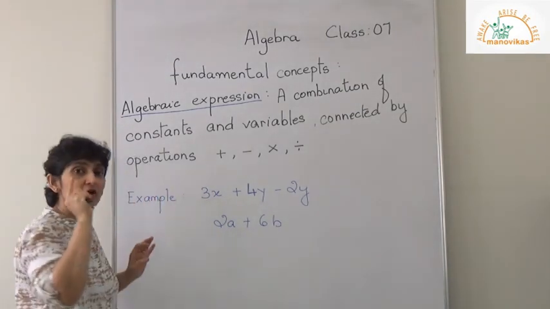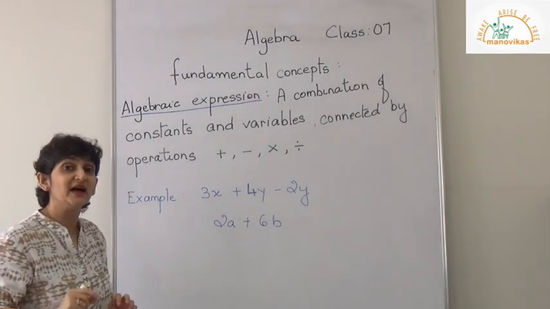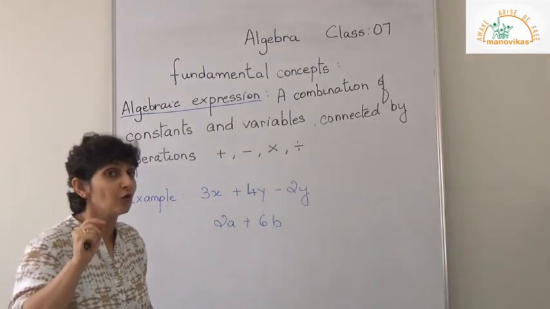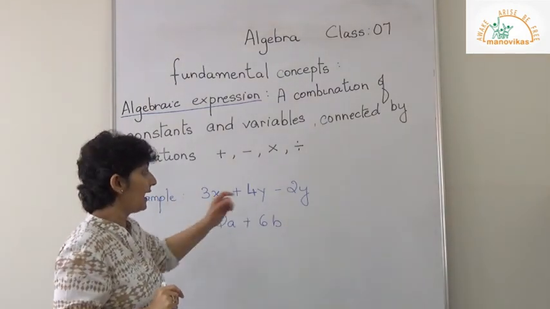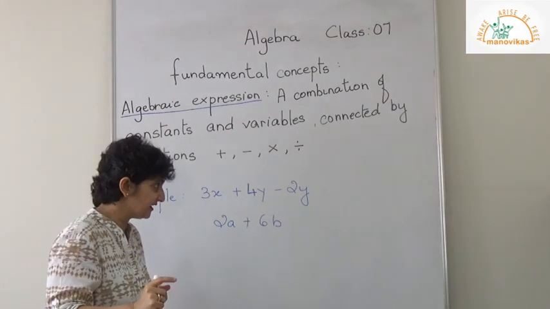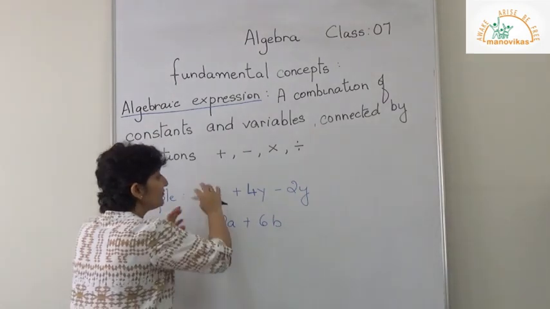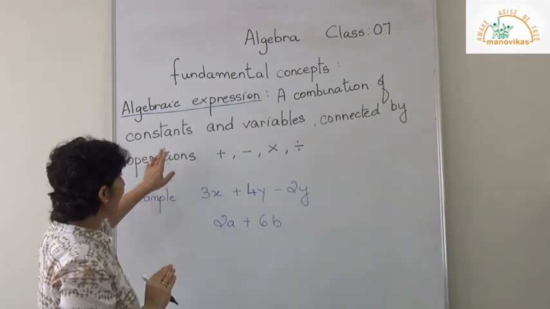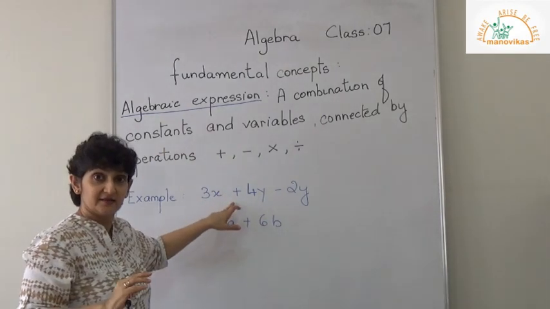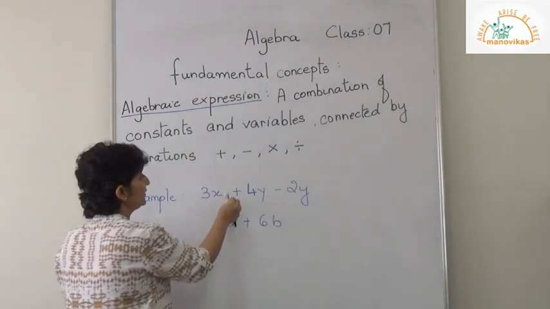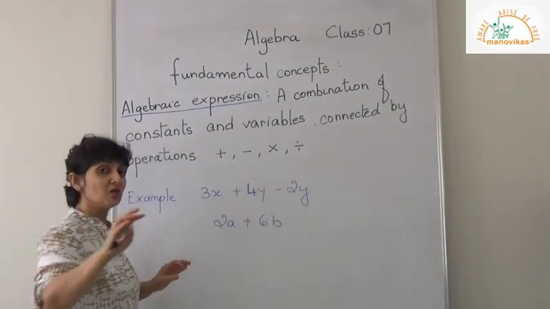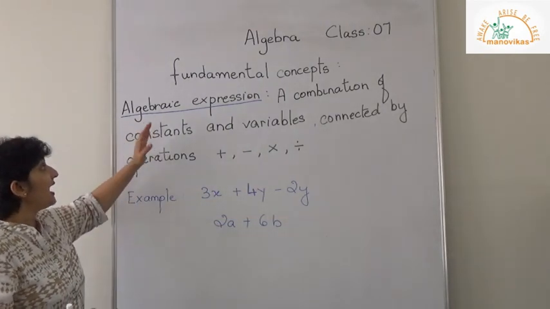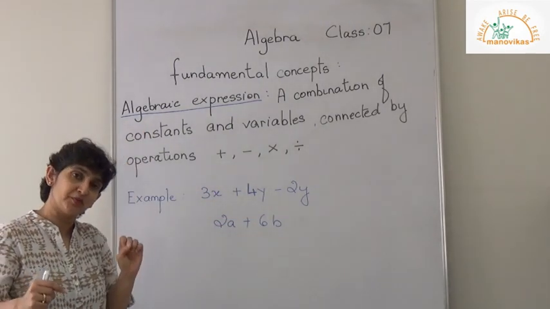3 is my constant, x is my variable, 4 is my constant and y is my variable. So now when you have all these constants and variables together and they are connected or separated with plus, minus, multiply or divide, then we call them an algebraic expression.